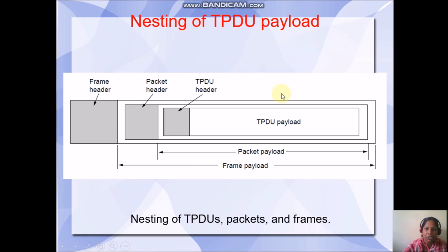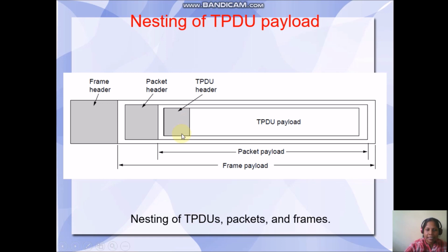Now when an application layer sends some data to another host, that is host 2, the application layer data is packed in a transport packet data unit. This is the transport layer data and this is the transport layer header.